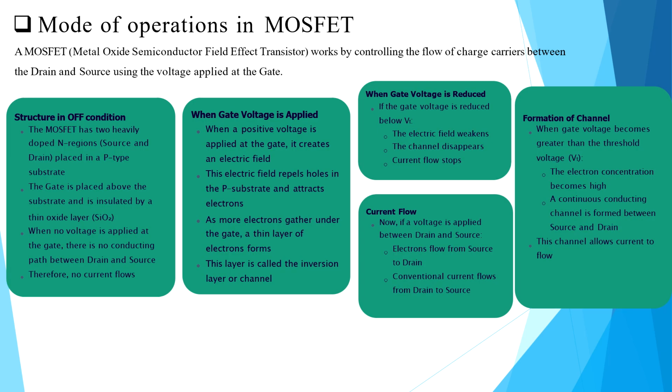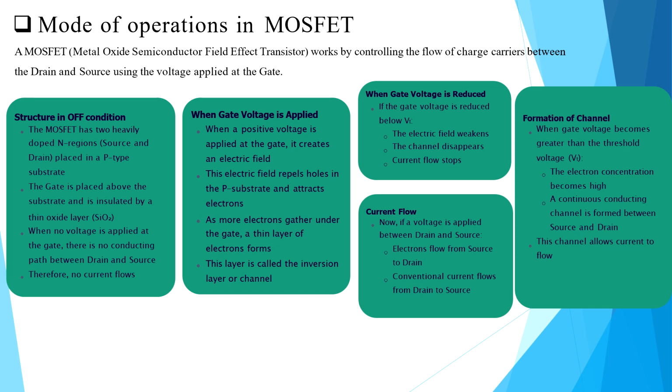Now, what are the modes of operation in MOSFET? A MOSFET works by controlling the flow of charge carriers between the drain and source using the voltage applied at the gate. Structure in off condition. The MOSFET has heavily doped n regions, source and drain, placed in a p-type substrate.